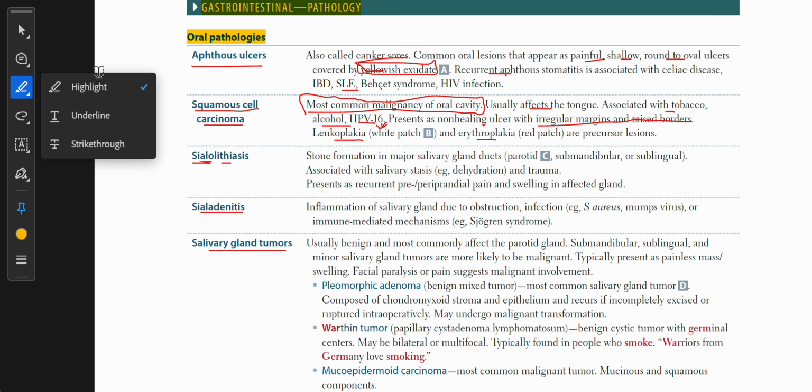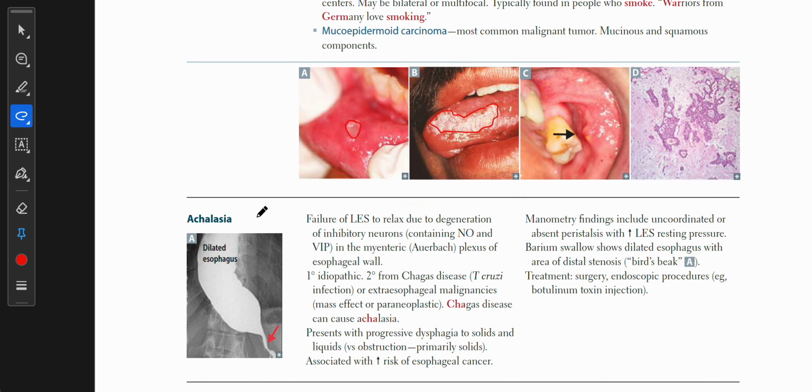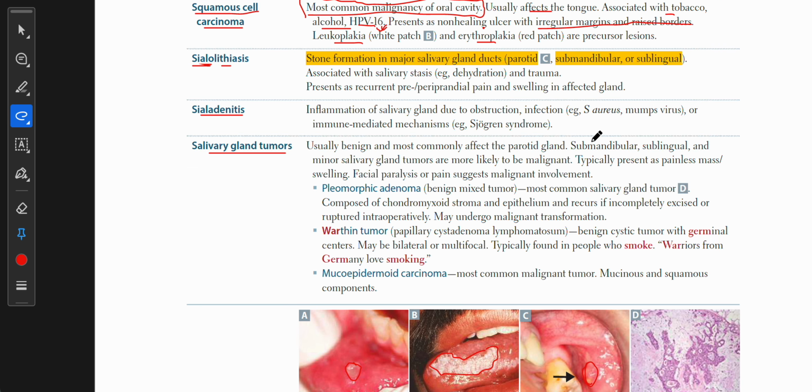So let's go to sialolithiasis. Sialolithiasis is the formation of a stone in the major salivary glands like the parotid, submandibular, or sublingual, as you can see here. These are the stones. Here you can see the outpouching in the buccal mucosa.